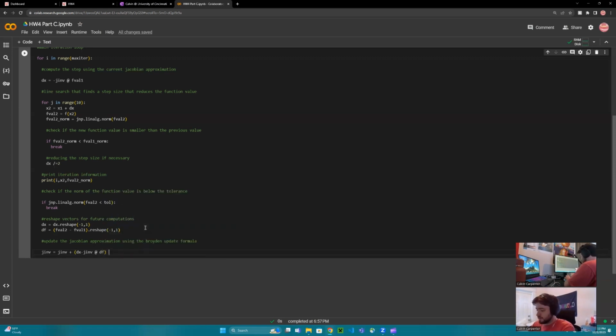And that whole thing is vector multiplied, dot product, with dx dot T JINV divided by dx dot T multiplied with JINV and then df.